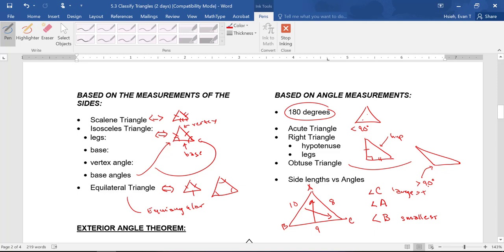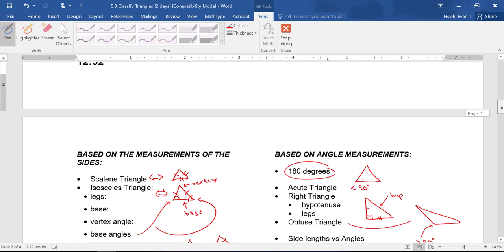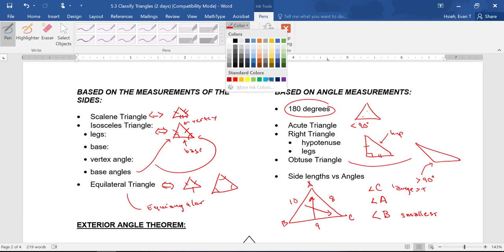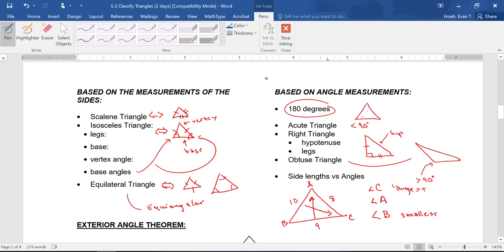Okay, and one more quick concept that I'm going to throw at you. It may pop up again later. Well, let me ask you a question first. Can I have a 3, 4, 100 triangle?